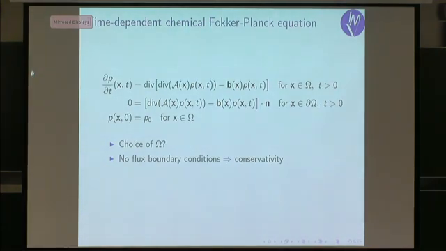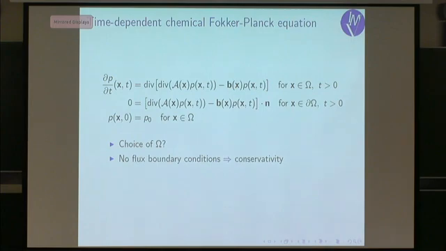All right. So once we choose the domain where to solve our equation, we have to think about boundary conditions. From the mathematical point of view, the no-flux boundary conditions are very natural, because if we have this evolution problem with no-flux boundary conditions and with some initial condition, then this problem is conservative.